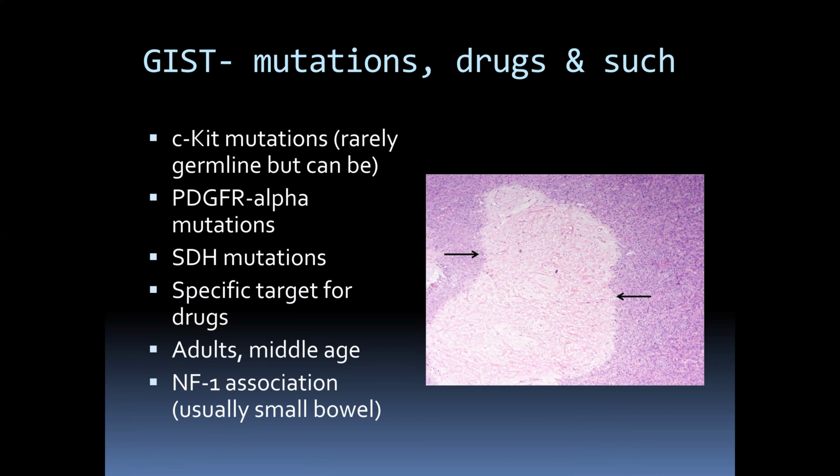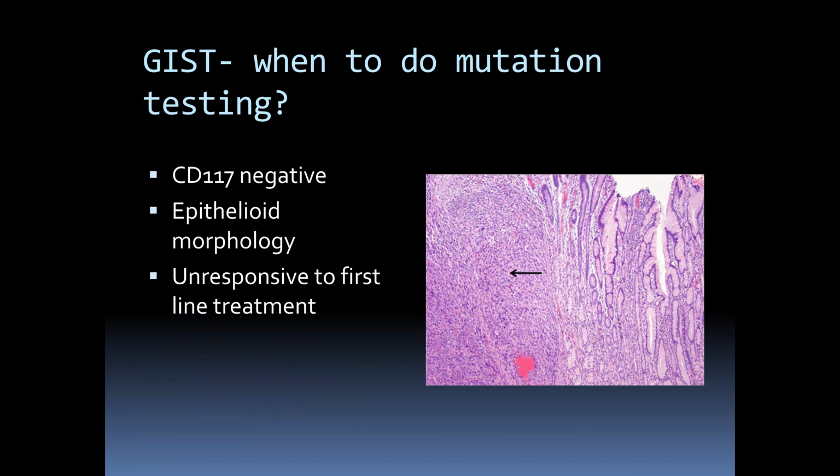This is usually a tumor of adults, usually middle age. And there's some association with neurofibromatosis type 1, more particularly when these lesions are found in the small bowel, not so much in the stomach. So when do we do mutation testing? Well, if you've got typical morphology and it's CD117 negative, then that may be an indication to verify that you've got a variant mutation or something else going on.